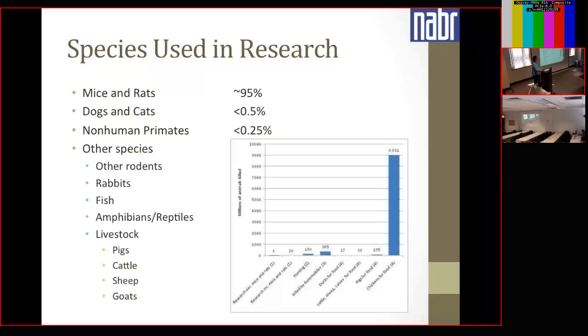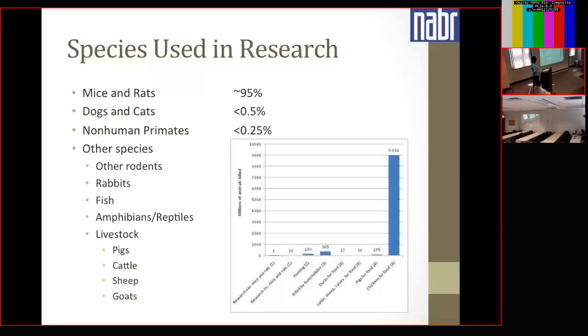Also, we have inbred strains of rodents which allow us to have more uniformity between studies. We'll go into more detail later about how rodent biology and behavior compares pretty well to humans. And then the remaining 4% is made up of all these other species here.